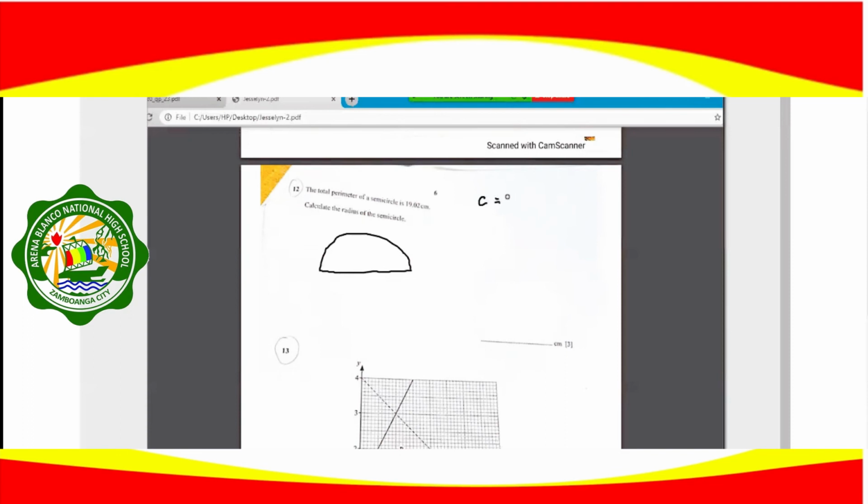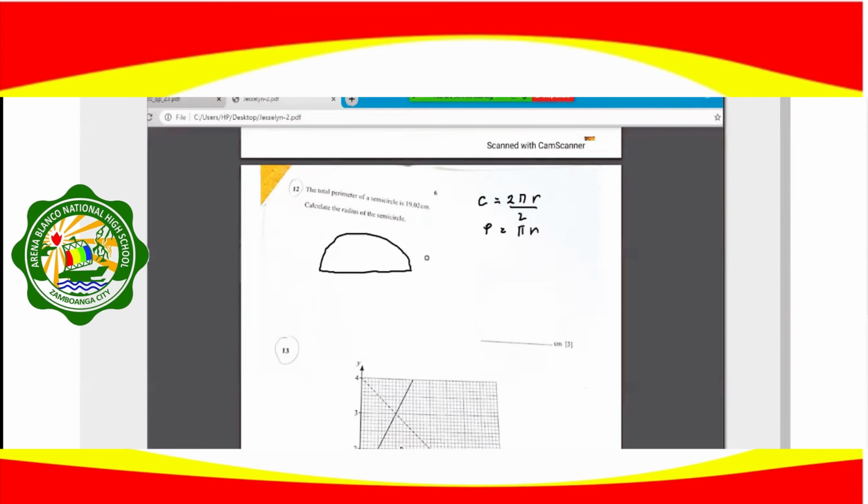And circumference is 2 pi r. Correct? Yes. So since we are just getting the perimeter of a semicircle, from this point going to that point, we have to divide that by 2. So therefore, we will obtain perimeter is equals to pi r.